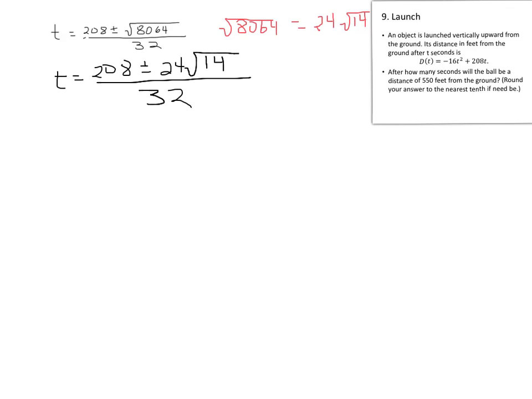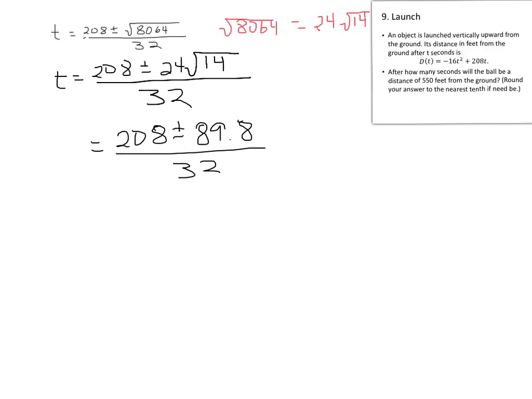Okay, so continuing, we have 208 plus or minus. Now enter 14 and press your square root button, and then multiply that number by 24, and you get 89.8, all of that over 32.